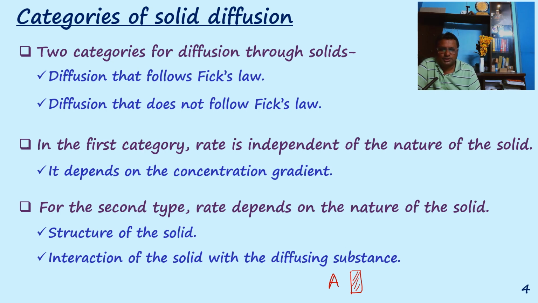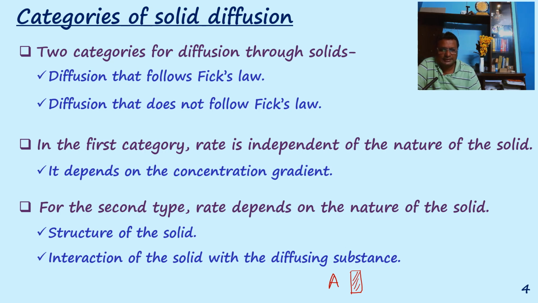Another factor that comes into picture in this case is interaction of the solid with the diffusing substance. So for example, in reverse osmosis, the diffusing substance will be first dissolving into the membrane, semi-permeable membrane, and then it will be diffusing. So how interaction occurs between the diffusing substance and the solid also affects the rate of diffusion.